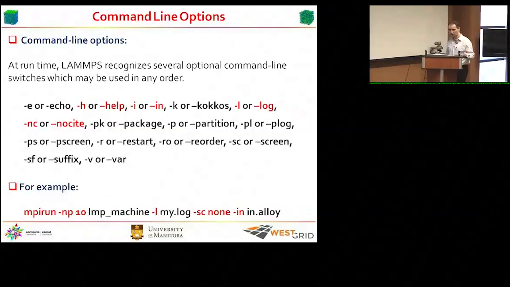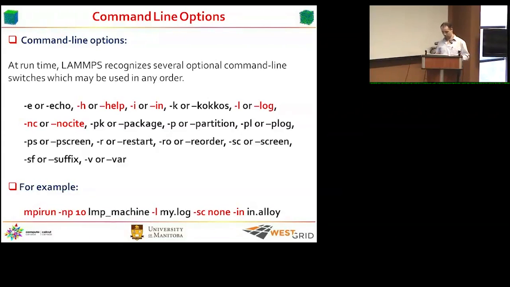There are many command line options. You can use, for example, -h to get help to see how the program works. If you want to specify the input, use -i or -in; if you want to specify the log file, just -l, and so on.